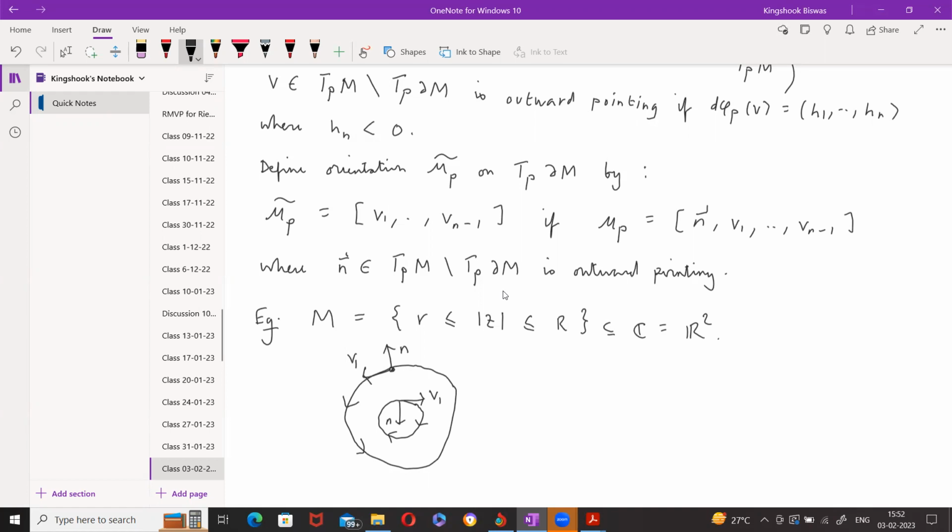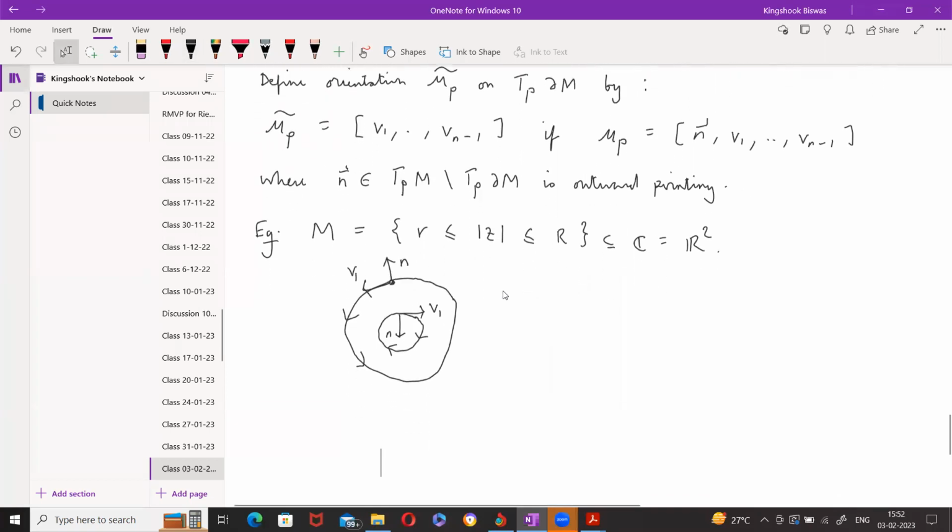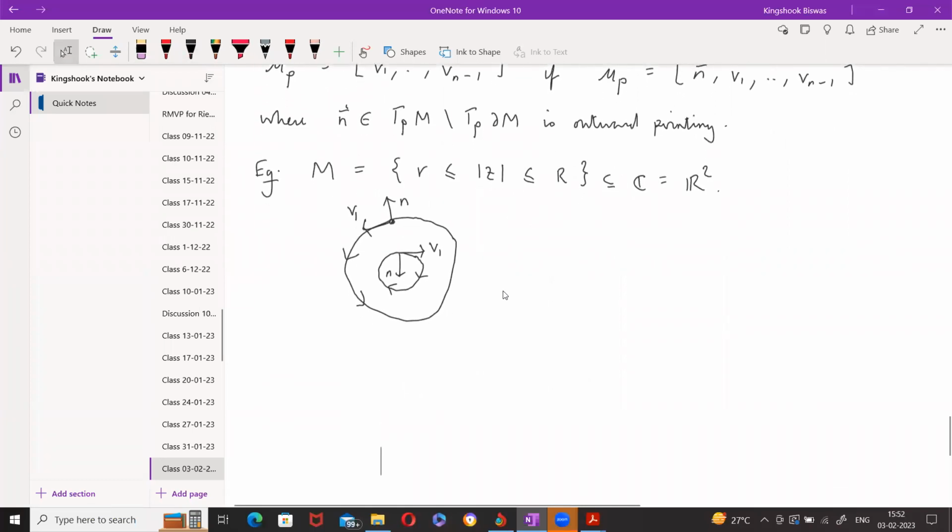To wrap up this preliminary section on integration, since we've defined the orientation on the boundary, the boundary becomes an oriented manifold also. And so then we have Stokes' theorem for compact manifolds with boundary.